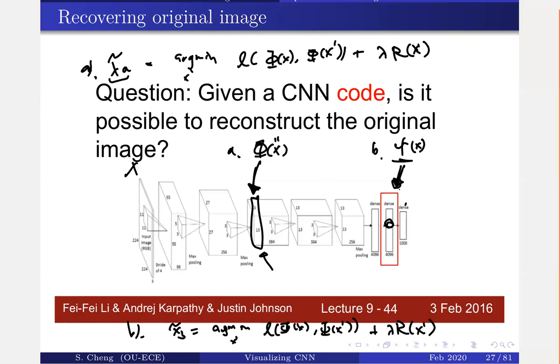So my question is, compare A and B: which one is more similar to X? Either x tilde A or x tilde B, which one looks more similar to X?